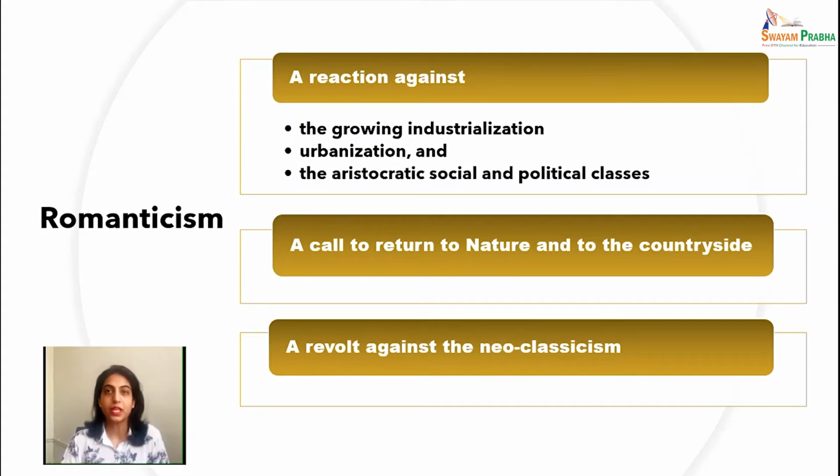The movement was taken as a call to return to nature, that is, Mother Nature, and to the countryside. In content and the manner of expression, Romantic literature revolted against the neoclassicism of the previous century that was considered to be very mechanical and rule-bound.